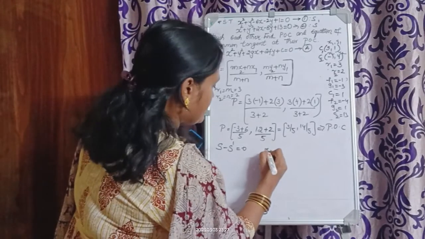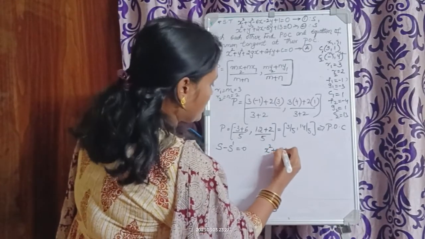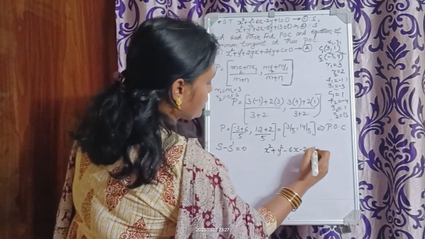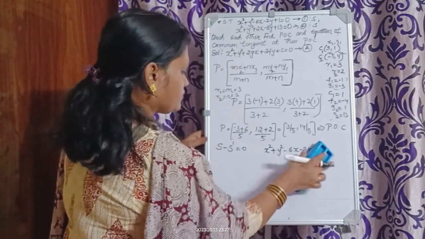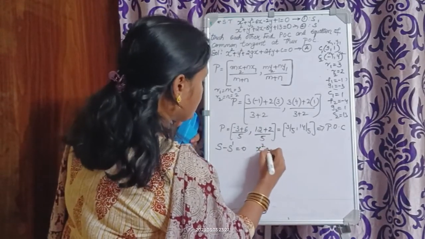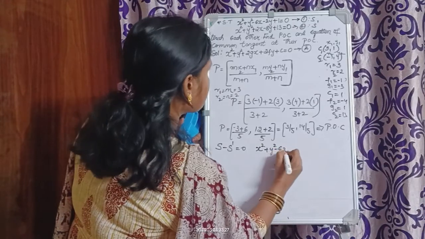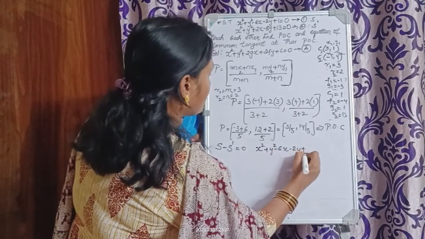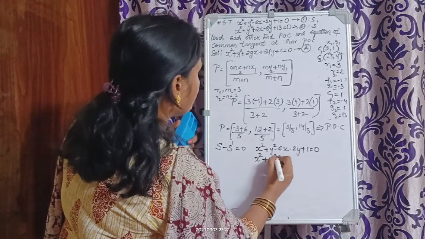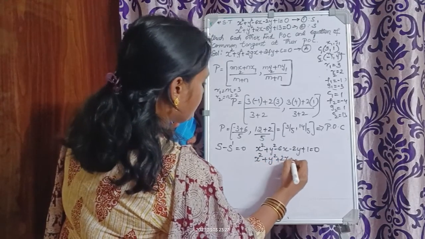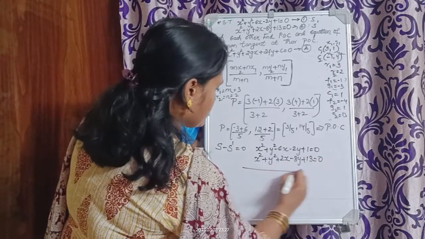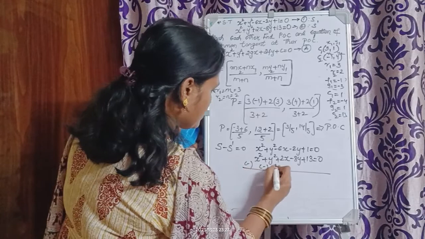So equation S is x square plus y square minus 6x minus 2y plus 1 is equal to 0, and x square plus y square plus 2x minus 8y plus 13 is equal to 0. Just change the signs, right?